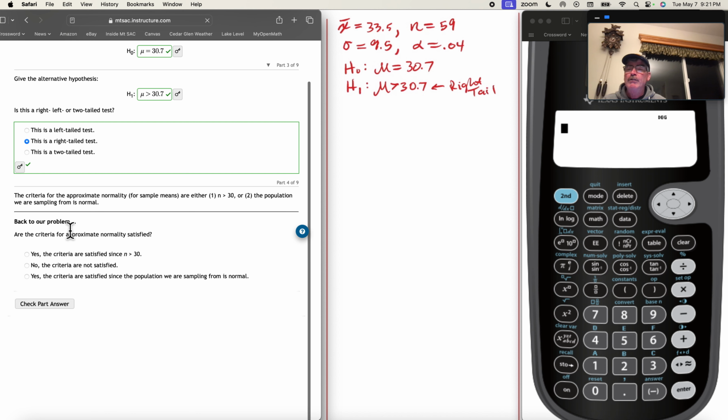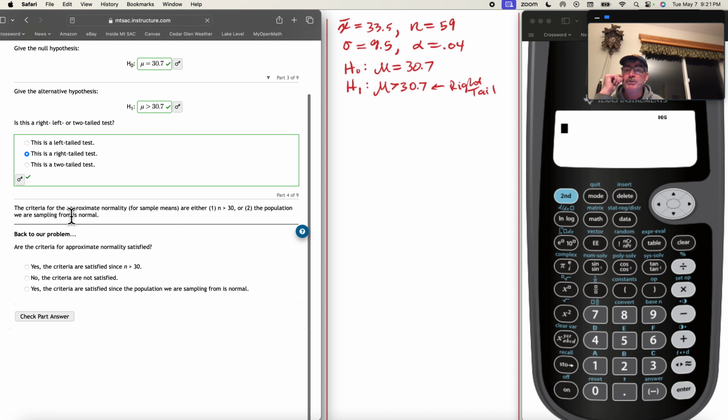Okay, now this whole issue of the criteria for approximate normality, your sample size needs to be bigger than 30 or the population has to be normal. So if you look up, our sample size was 59, that's greater than 30, so we can put our little check mark down. And yes, the criteria were satisfied because the n is bigger than 30.